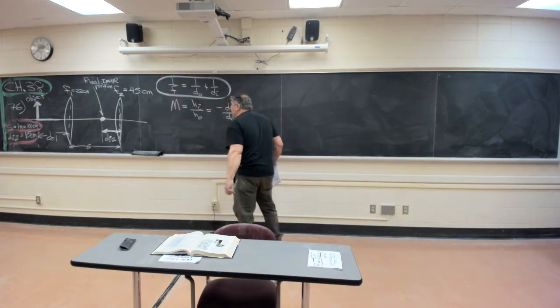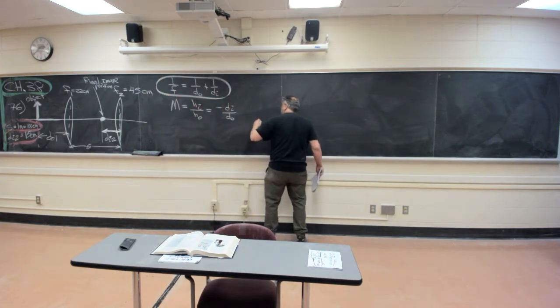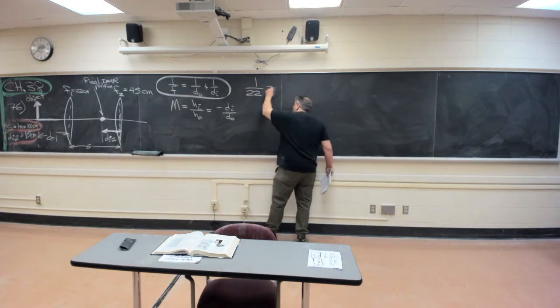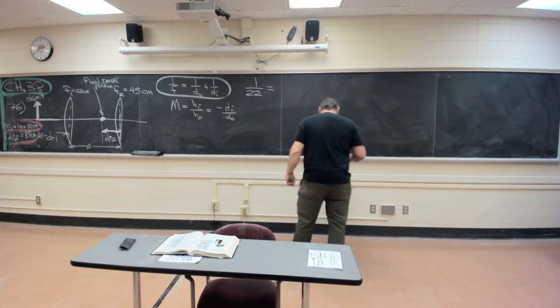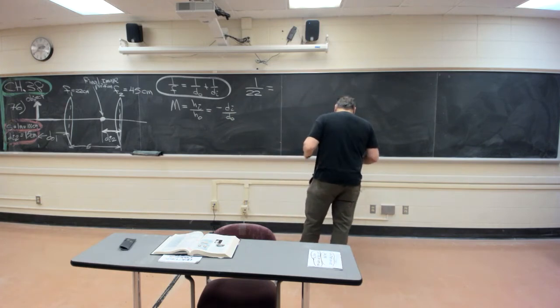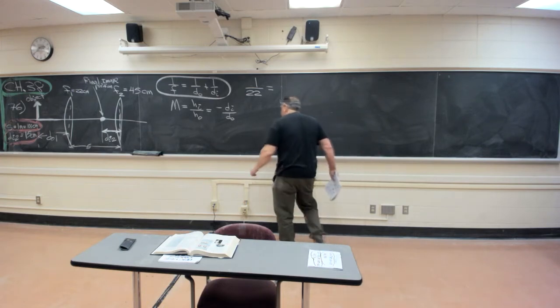The first lens is 22 centimeter focal length. 1 over 22. DO. DI1 is going to be the DO2. This is the big thing.